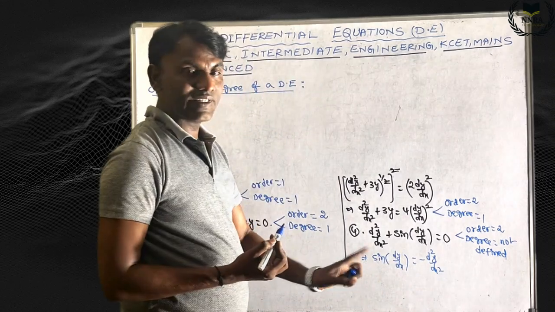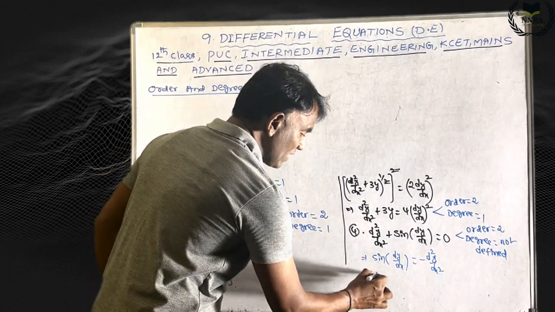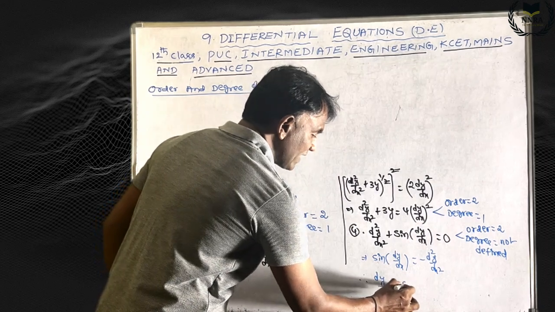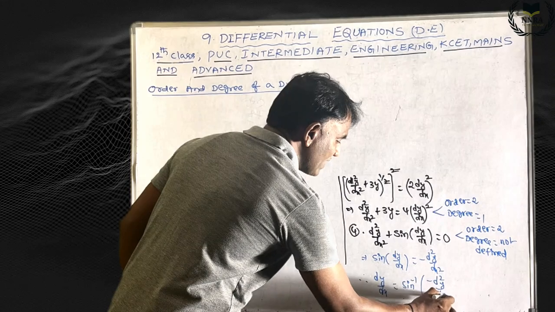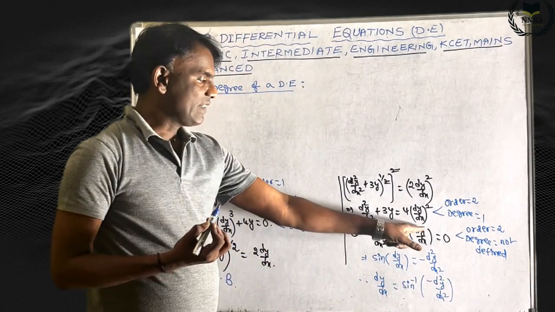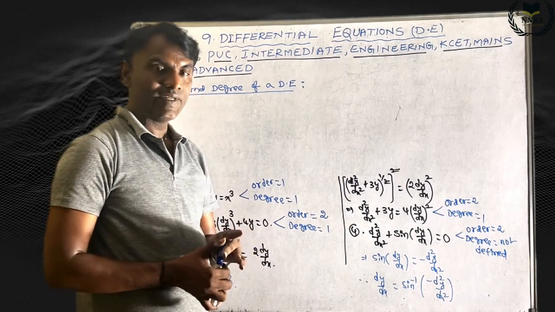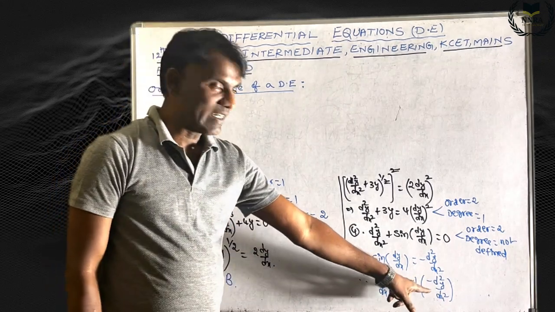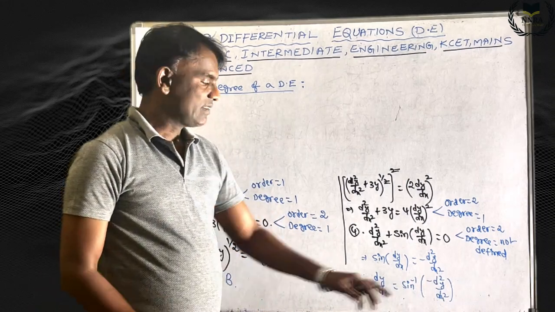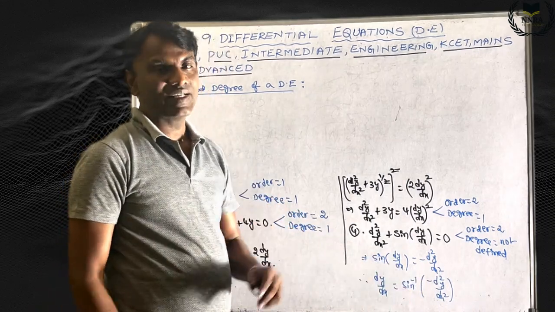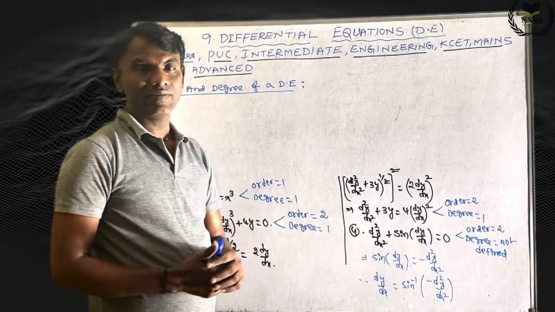Actually this simplification is not required, it is only for our understanding purpose. From this, dy by dx can be written as sine inverse of minus d square y by dx square. Now see, the derivative dy by dx is inside of this trigonometric function. If we simplify, again we will get a derivative, either first order or second order, that is secondary, but the derivative is inside of this trigonometric function, whether normal or inverse trigonometric function.